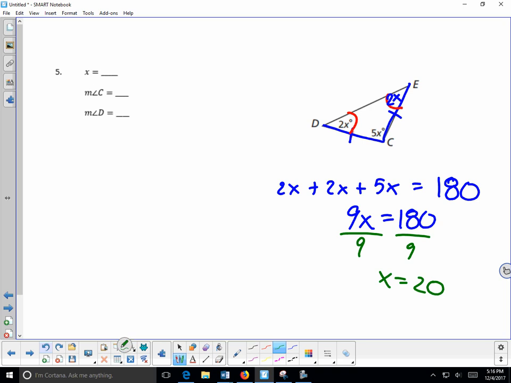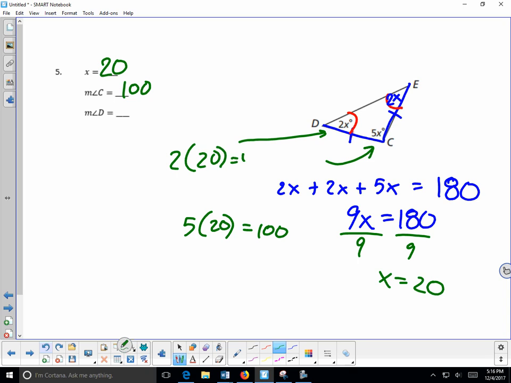So if x is equal to 20, then we can find the measure of angle C by filling in 20. 5 times 20 is 100. So that's the measure of angle C. And to find the measure of angle D, we plug in 20 there, and we get 2 times 20 is 40.